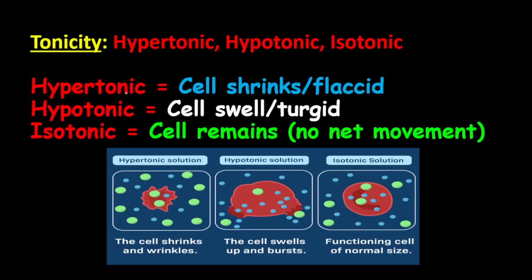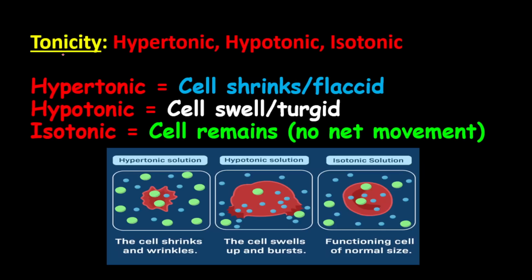For hypertonic, the cell normally shrinks or becomes flaccid. Look at the first diagram here. Outside of the cell there is more of the solute, so this solution is more concentrated. In other words, you have less water outside of the cell and more water within the cell.